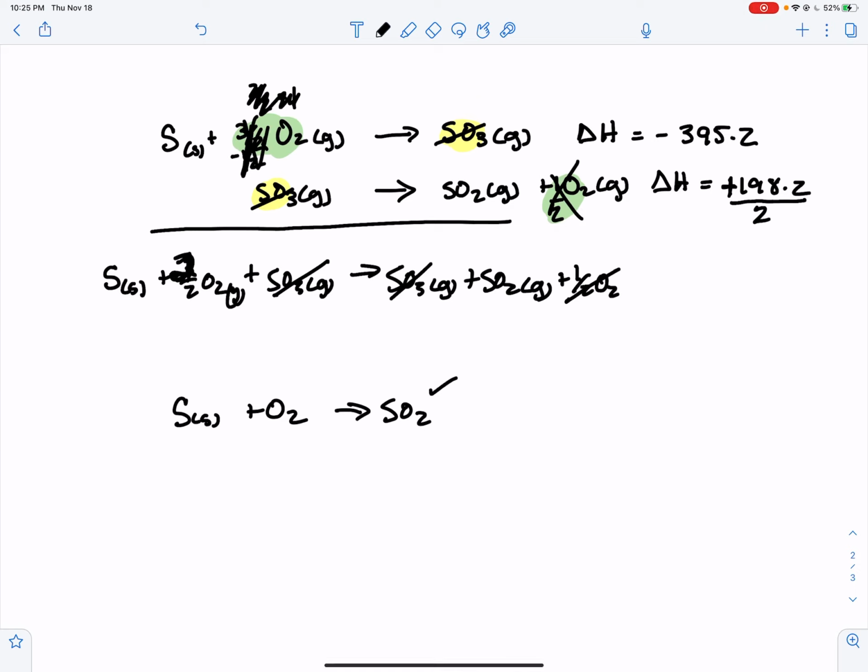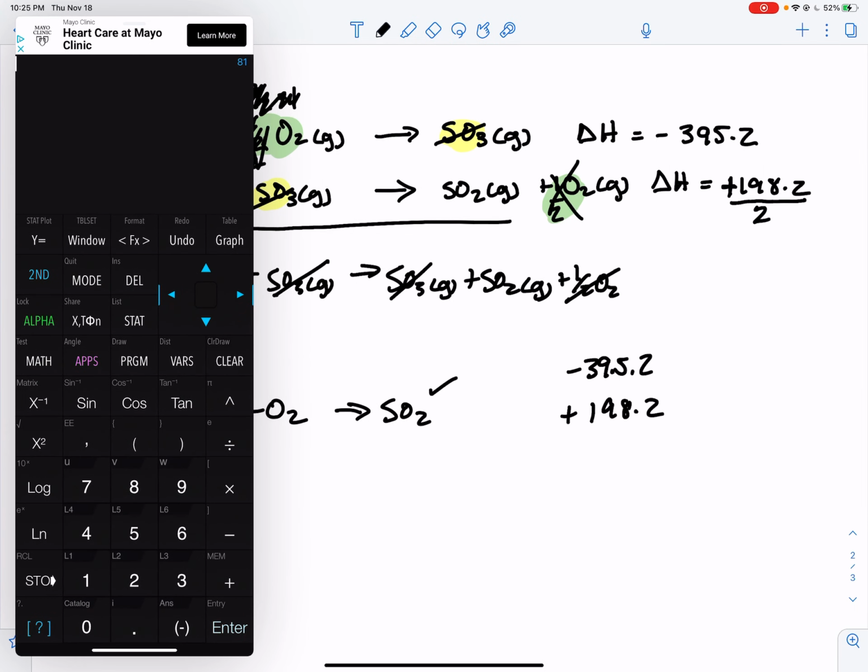As long as we're good on our overall, then what we're going to do is combine our H values. So we'll have negative 395.2 plus, and we're not subtracting, we're adding these together, 198.2. So 395.2, and that's a negative.